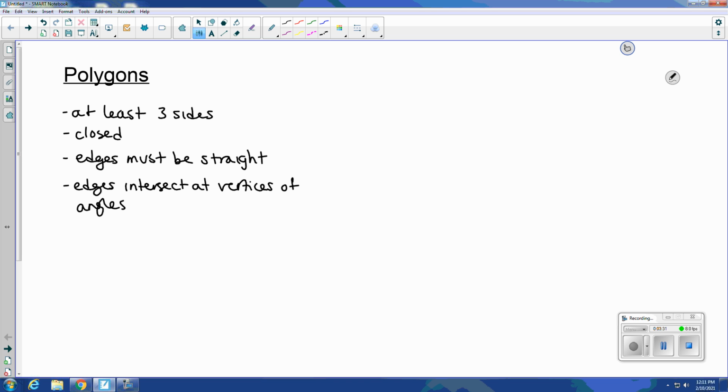So now, the last bit of vocab to introduce polygons would be concave versus convex. And this is going to involve the idea of a diagonal. So concave and convex, with the diagonal, let's draw an example of a convex polygon. Actually, let's introduce more sides. So let's do a pentagon here.